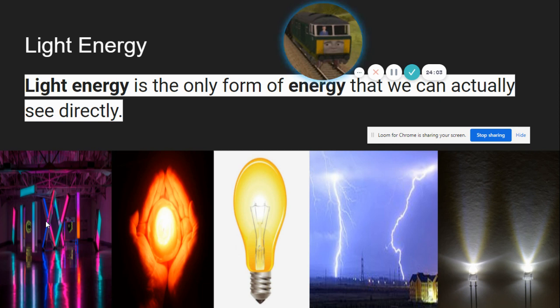It's almost taller than my curtains, the curtain windows. You can tell by the difference between the curtains and the huge lamp. All right, like I said, light energy is the only form of energy that we can see directly.